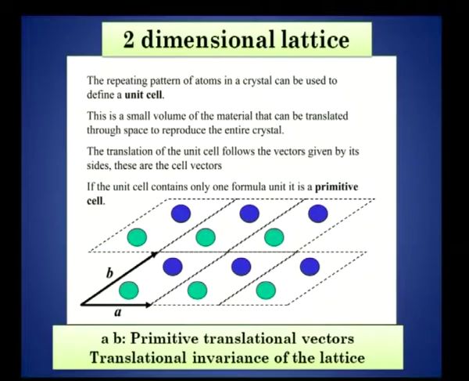By translating the primitive translation vectors A and B, or by translating the compound unit cell, this is called a primitive cell. The area encompassed by this section is called the primitive unit cell. By repeatedly translating the primitive unit cell, you can generate the entire lattice, either by translating the primitive cell or the compound unit cell.